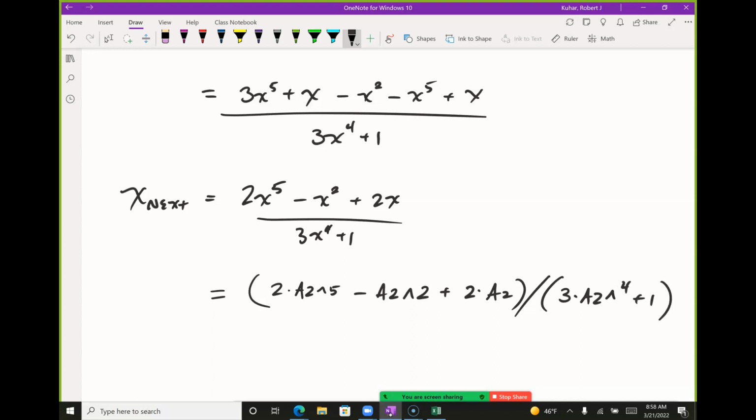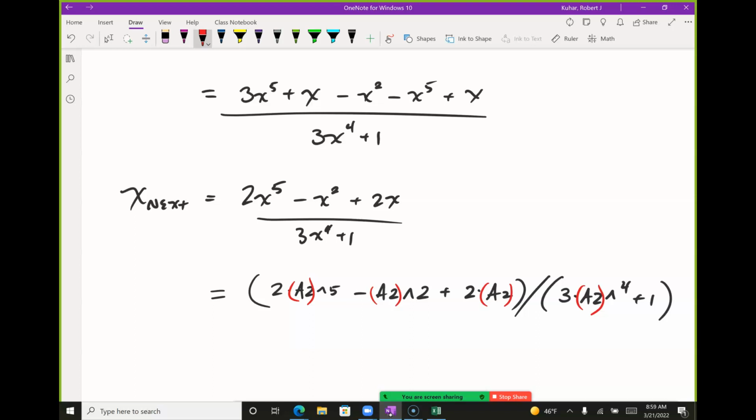Does that make sense? Because X becomes A2. It's a little weird to see this A2, but Excel recognizes it as a cell.